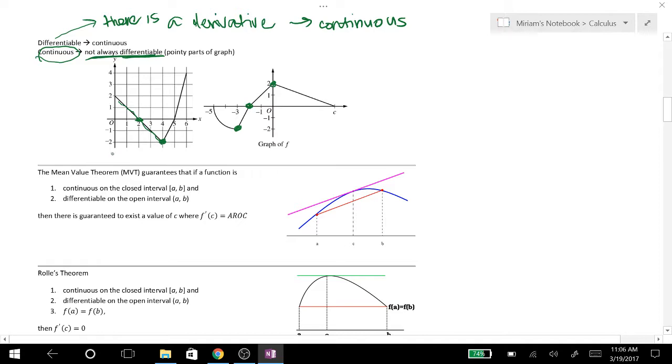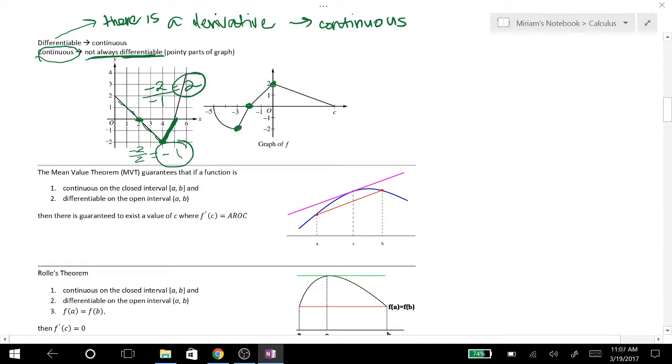That means the slope here would be negative 2 over 2, which is negative 1, for this line on the left. Now, from the line on the right, the slope would be down 2 and left 1. Negative 2 over negative 1, that means 2. So 2 and negative 1, are those the same slopes?